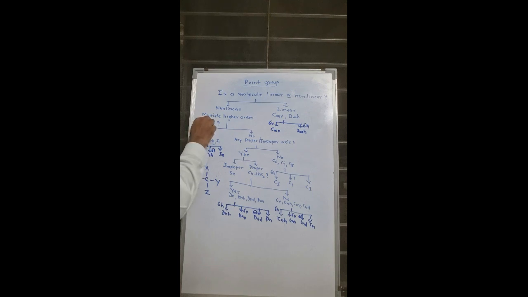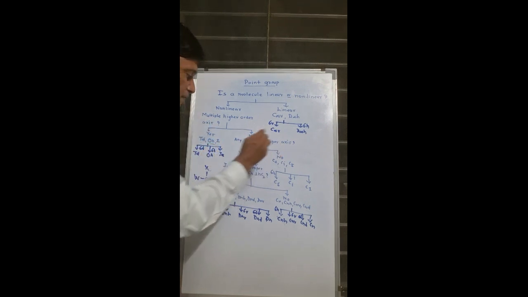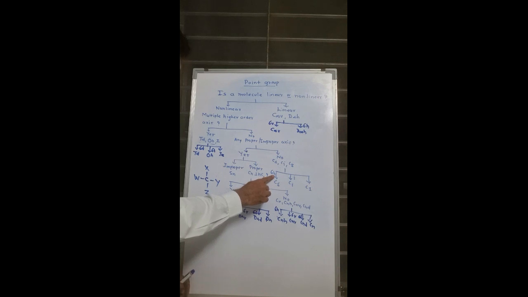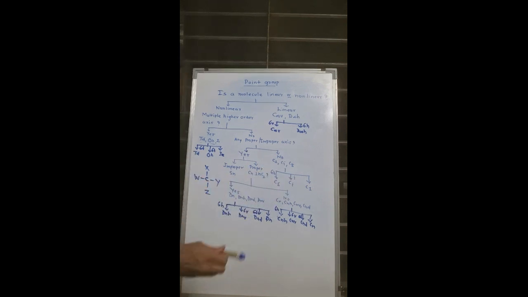Then we have to ask whether there is any multiple higher axis. There is no proper or improper axis of symmetry present in these molecules. Then we ask, any proper or improper axis? No. Then we ask whether sigma h is present or i is present. No, both are absent. Then the point group is C1.